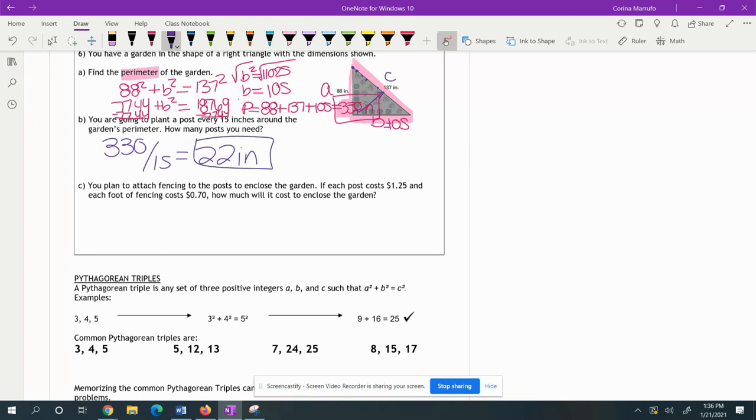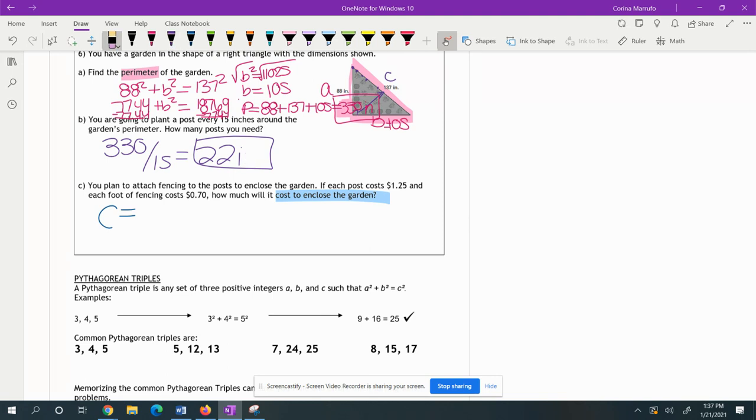Then the last part says you plan to attach fencing to the posts to enclose the garden. If each post costs $1.25 and each foot of fencing costs 70 cents, how much will it cost to enclose the garden? Oh, wait, this is not 22 inches.